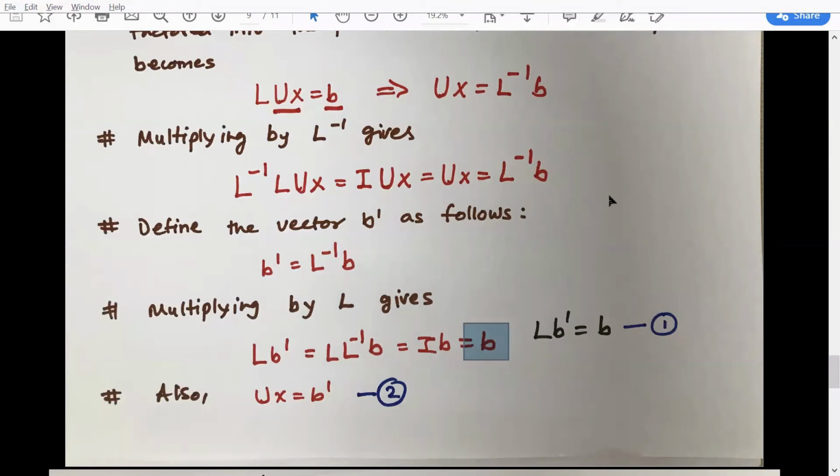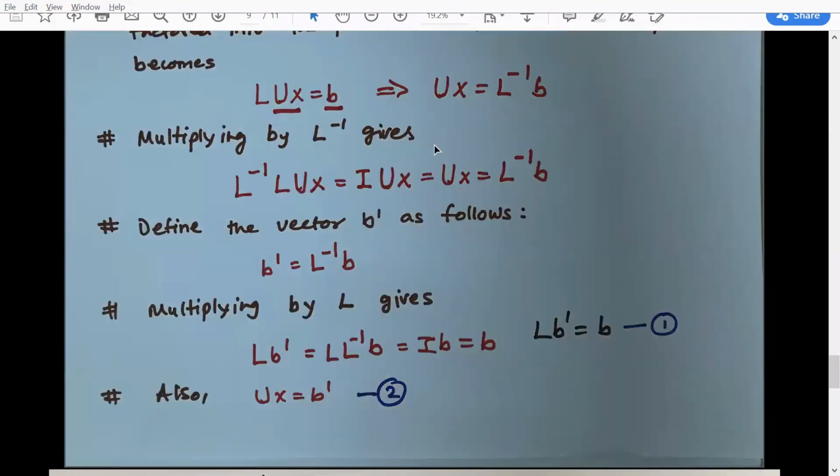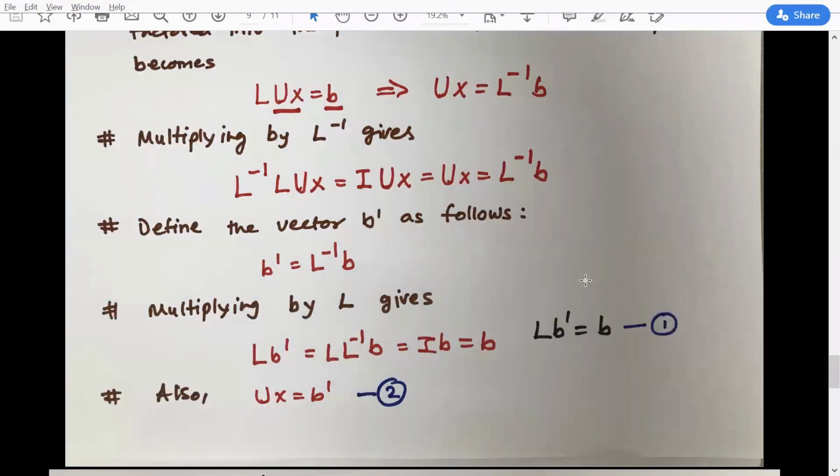So L B dash is equal to B. This is one formula we are getting. Second formula: because UX is equal to L inverse B, we can write UX is equal to B dash. This is our second formula. Both formulas will be used to get the solution.